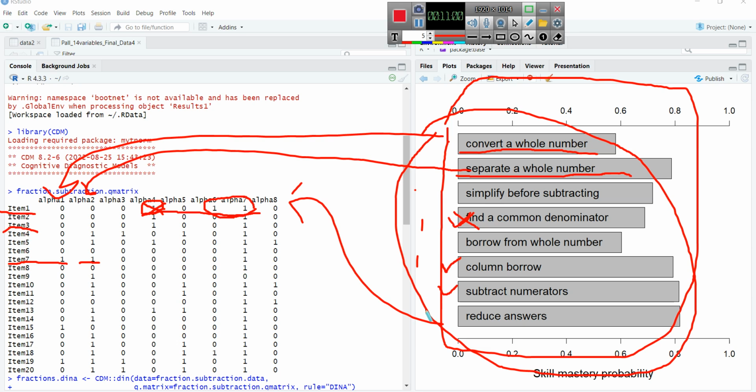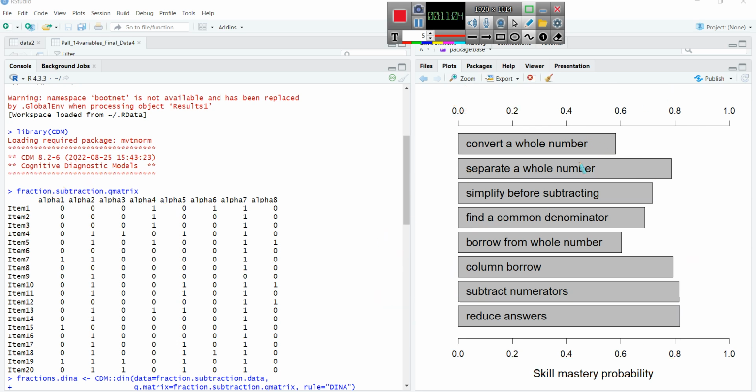Okay? But in the non-compensatory model, like the DINA model that we ran here, in the DINA model, lacking one skill is equal to lacking all of these skills.